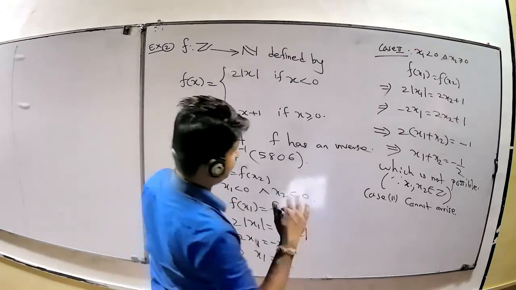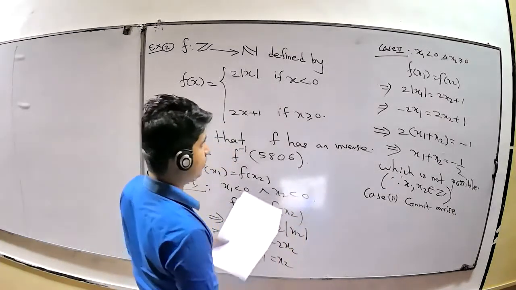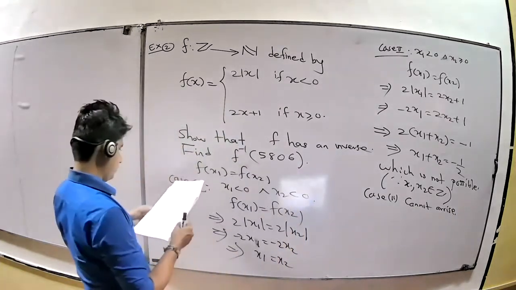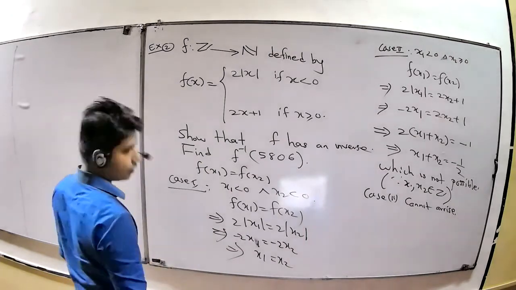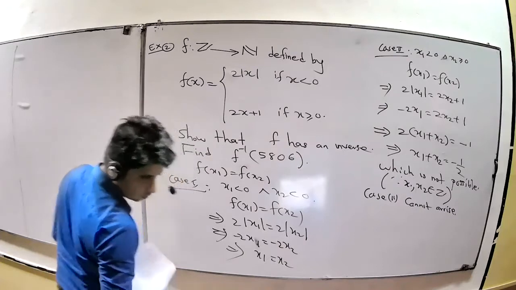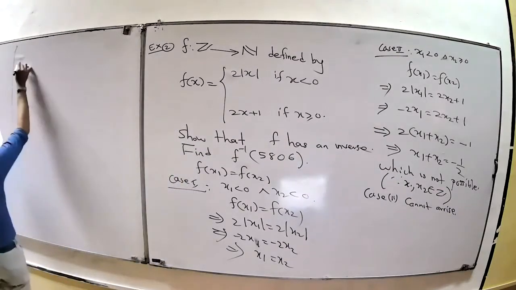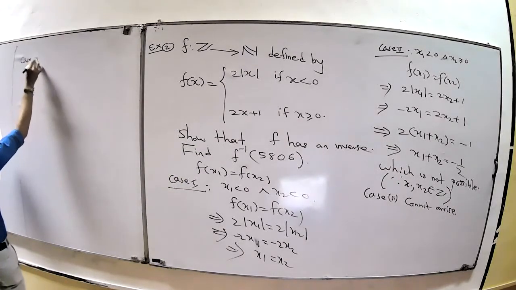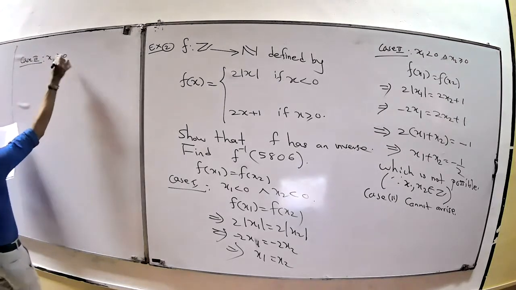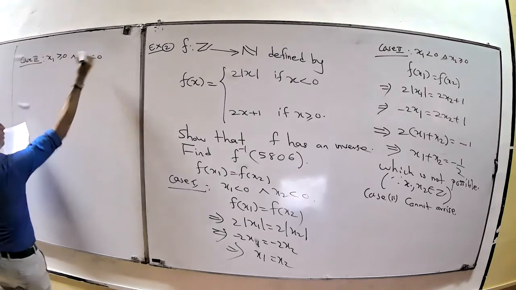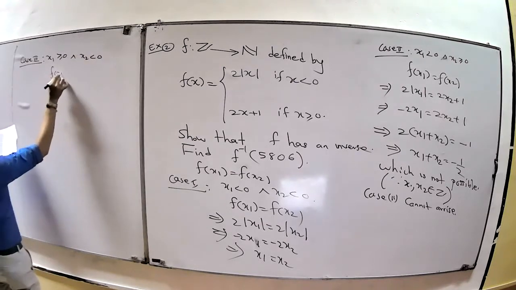Case 3: x1 greater than or equal to 0 and x2 less than 0. For this one, you take f of x1 equal f of x2.